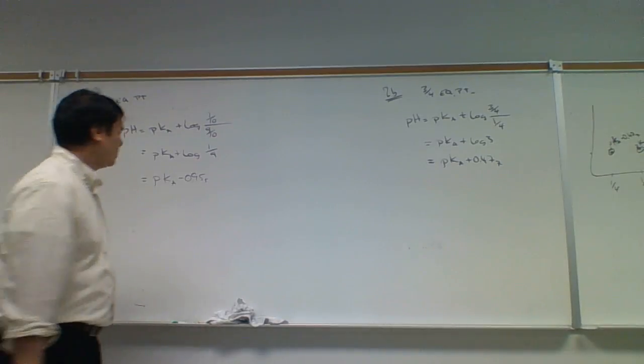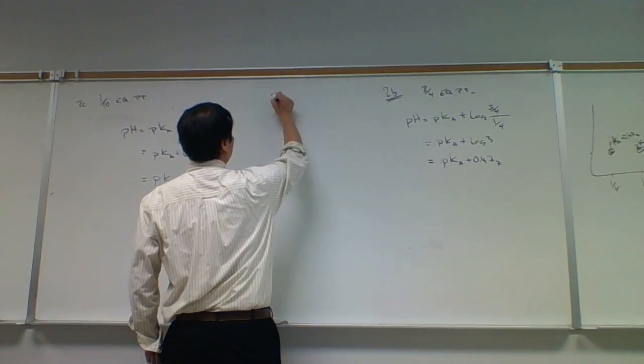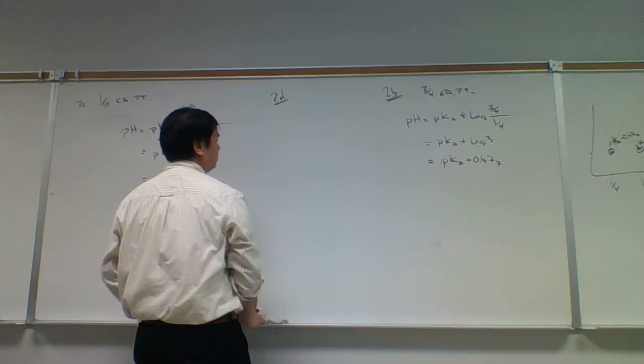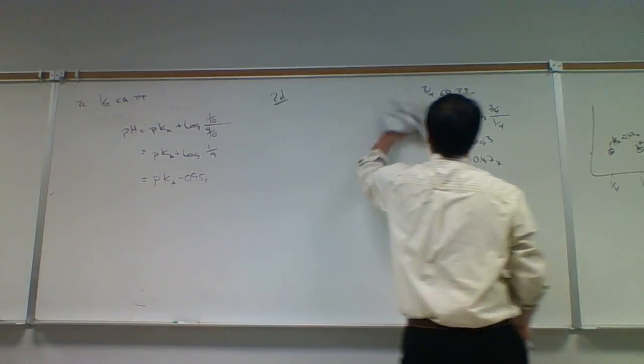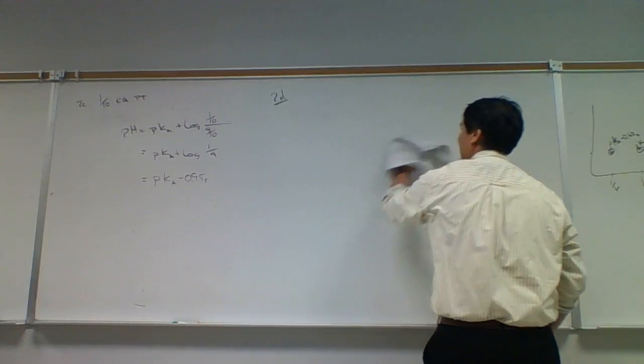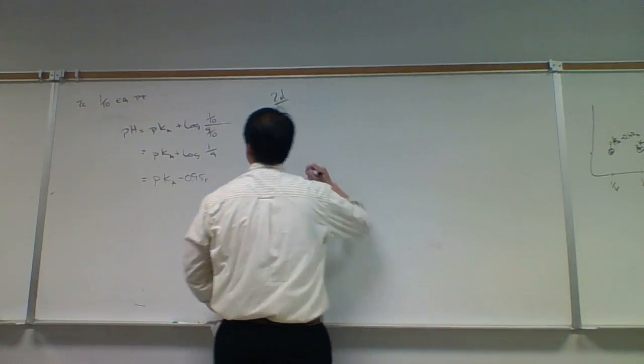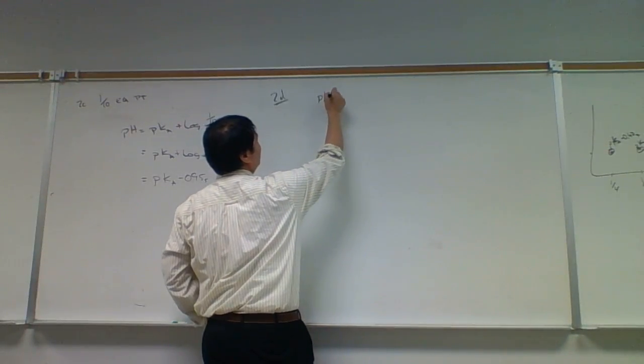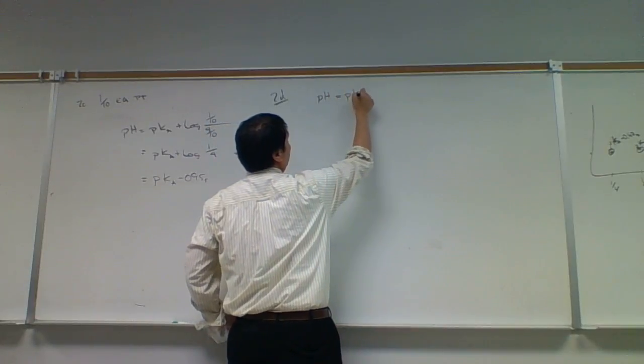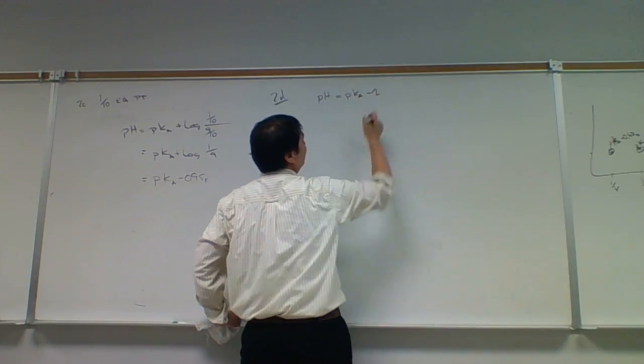Now, the Henderson-Hasselbalch region has a couple of important points. And so we could go the opposite direction. For example, we want the pH to equal the pKa minus 1.